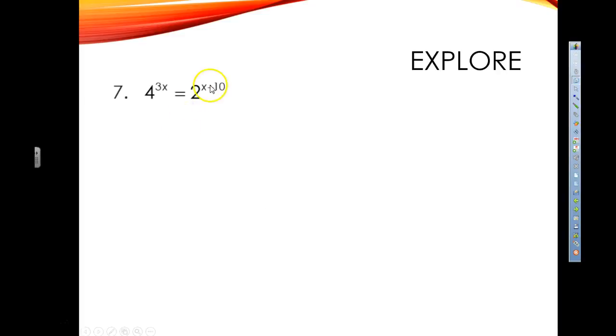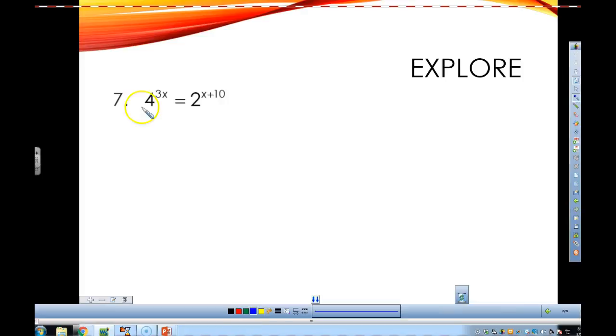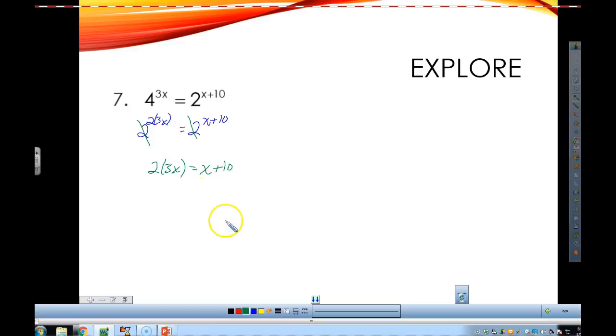All right, how can I change 4 into a base of 2? That's right, 4 is just 2 squared. So I have 2 squared, I still have my 3x up there, equals 2 to the x plus 10. Common bases, cancel out the bases, and I have 2 times 3x equals x plus 10.